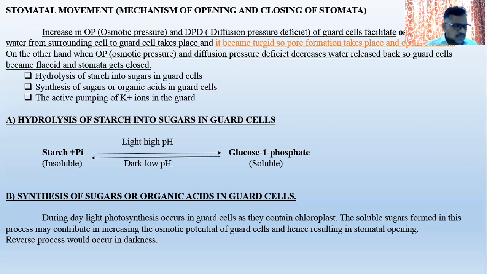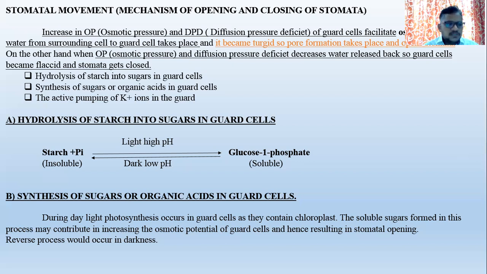So in the hydrolysis of starch into sugar, the insoluble starch and inorganic phosphate are present in the guard cells. During the day, the pH of the guard cell is high. This favors hydrolysis of the starch, which is insoluble in nature, and it is converted into the soluble form of glucose 1-phosphate.